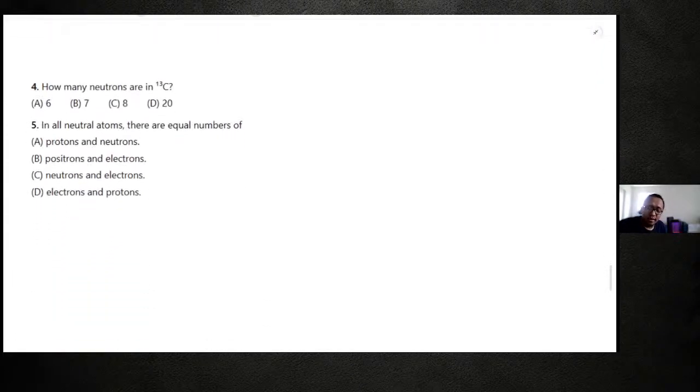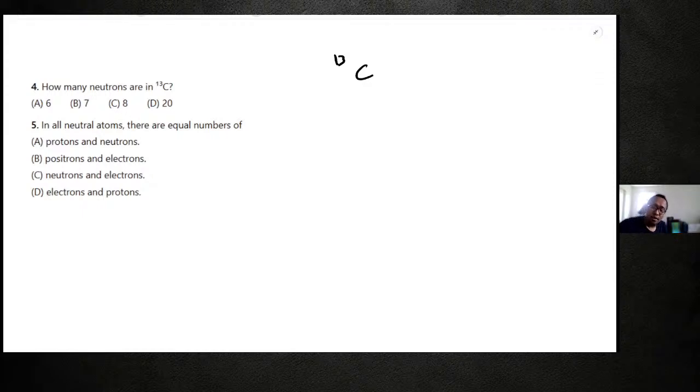Now we are moving to another question. How many neutrons are in 13C? How to do it? Let's break this down.